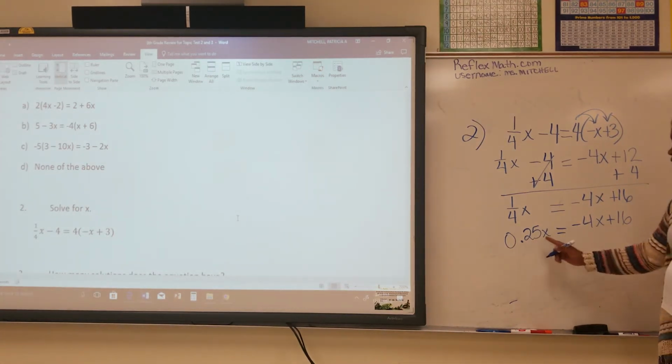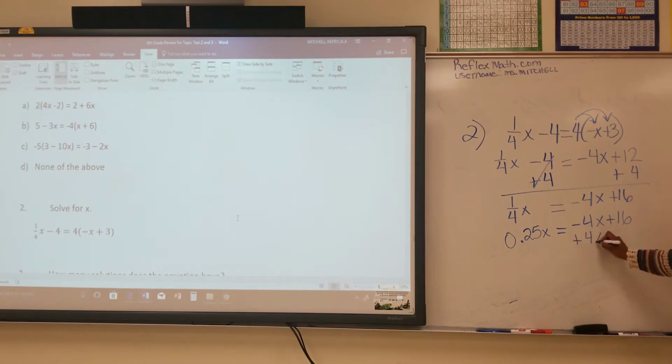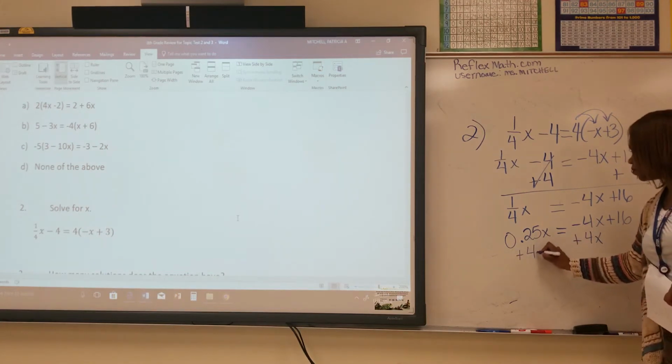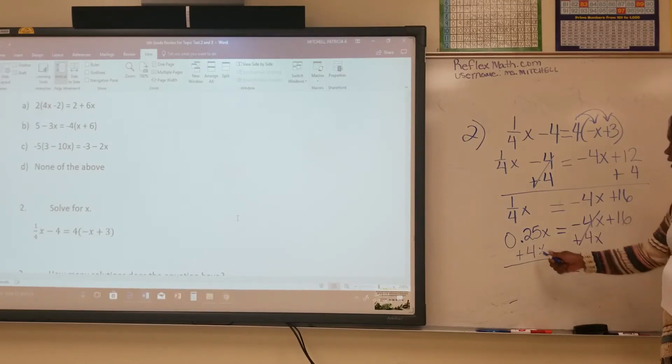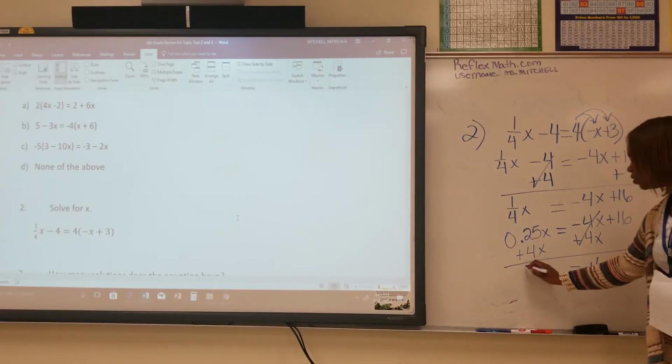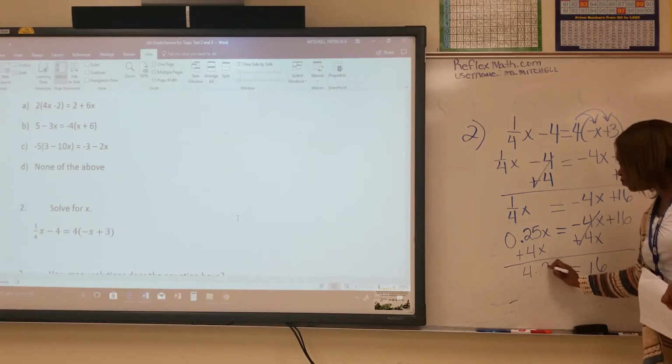So here we can go ahead and combine our like terms. These cancel out and we're left with 16 on this side, and 0.25x plus 4x gives us 4.25x.